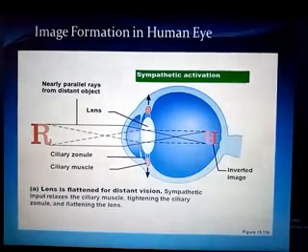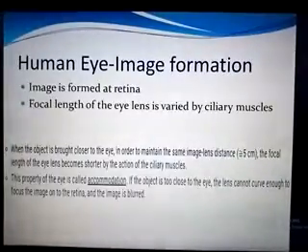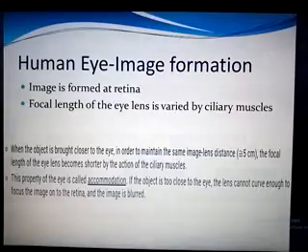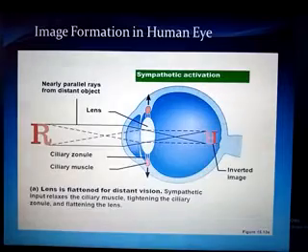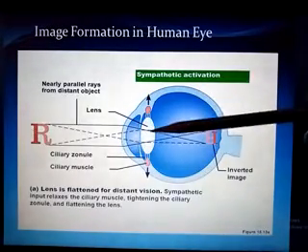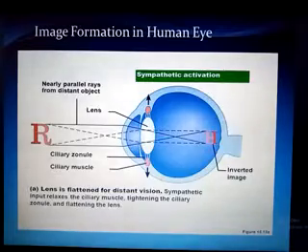Okay, when it comes to image formation, the image is formed at the retina, that we already know, and the focal length of the eye lens is varied by the ciliary muscles. Whether the focal length will vary or not? What is meant by focal length? Distance between the lens and the image. Somebody may think the eye size will be the same, so how can the focal length vary?